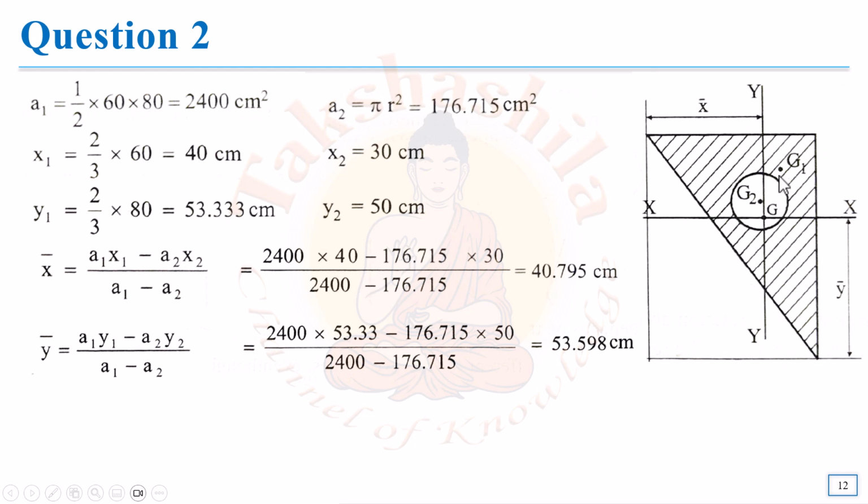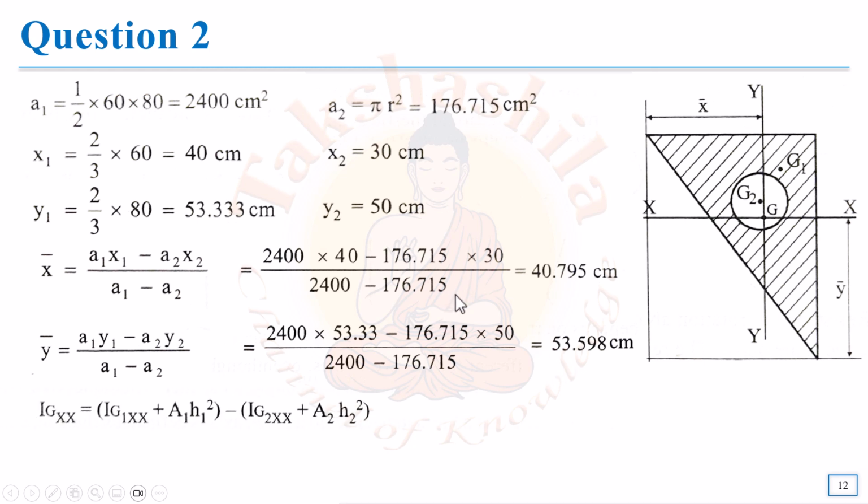This total distance was calculated as 53.33, but y bar is larger than that, that is 53.598. So y bar should actually come above the point G1. So the centroidal x-axis will be here, and the centroidal y-axis will be somewhere here. Okay, so please keep that in mind.